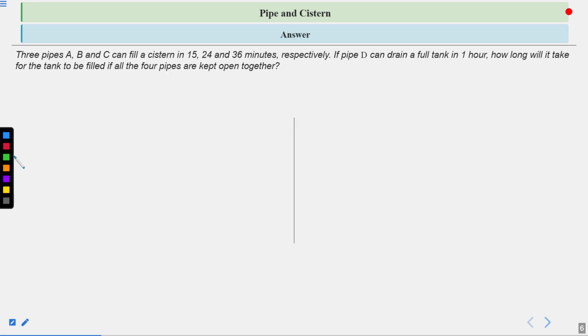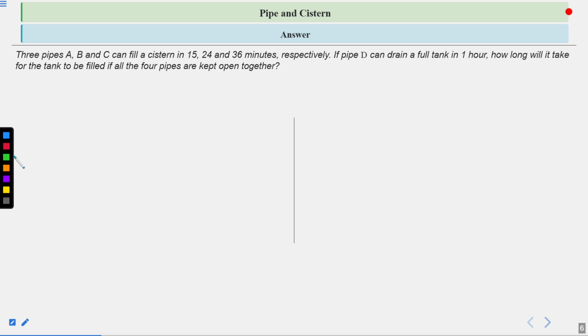So the question says that 3 pipes A, B and C can fill a cistern in 15 minutes, 24 minutes and 36 minutes respectively. So we take the LCM and we get the efficiency of pipes A, B and C. Then it says that pipe D can drain a full tank in 1 hour, so we can say that the time taken by pipe D is 60 minutes. So we can also calculate the efficiency of D, the draining pipe. Now the question asks how long it will take for the tank to be filled if all the 4 pipes are kept open together.